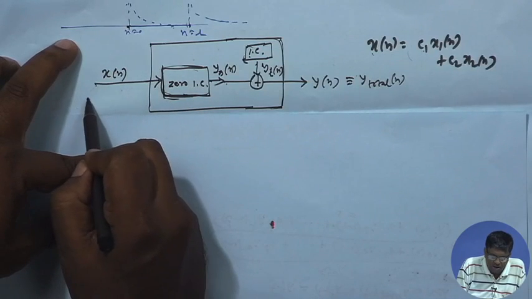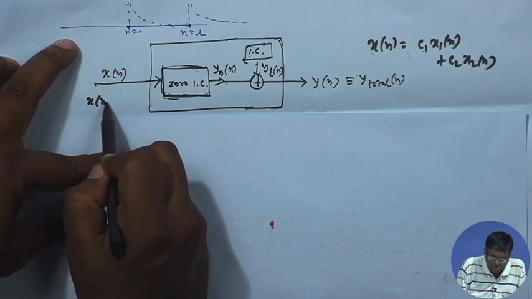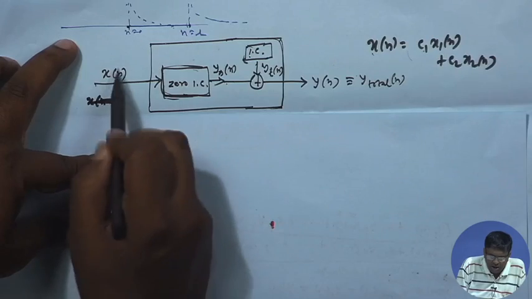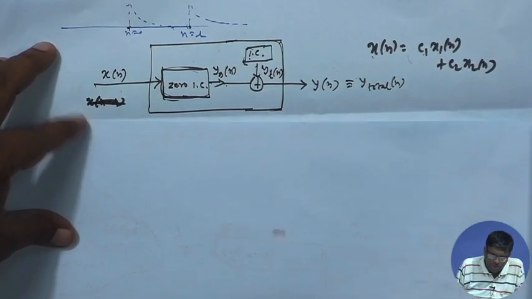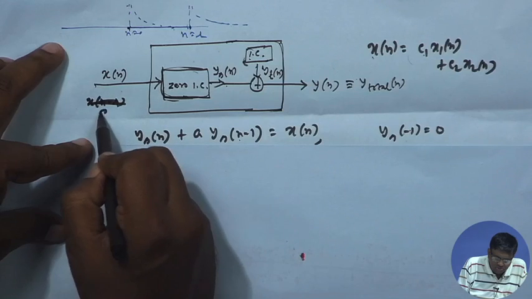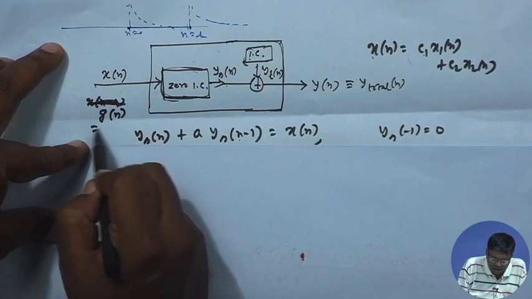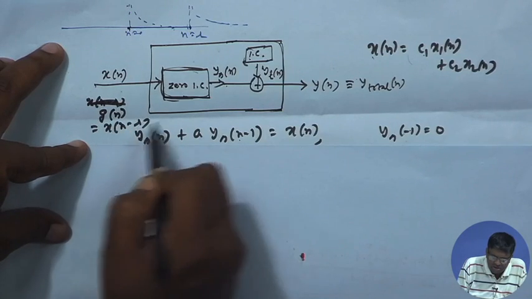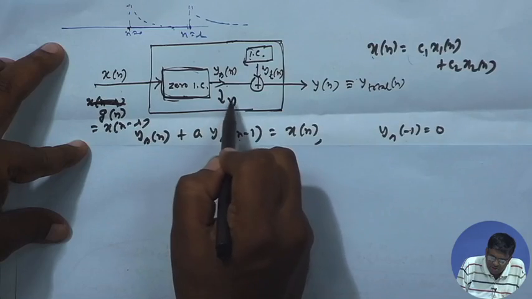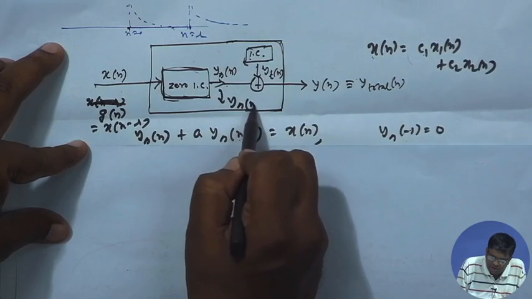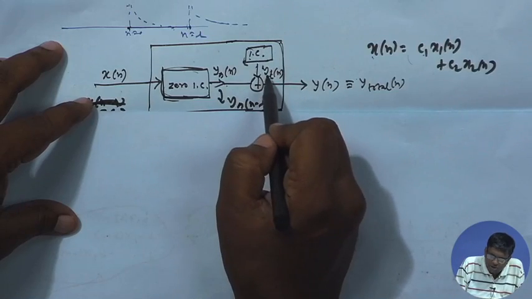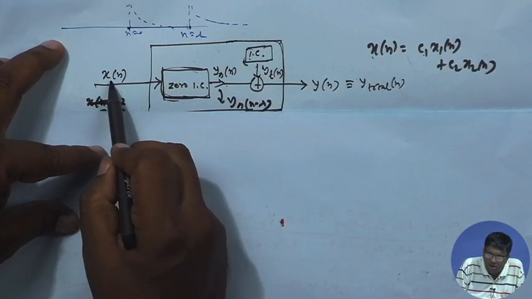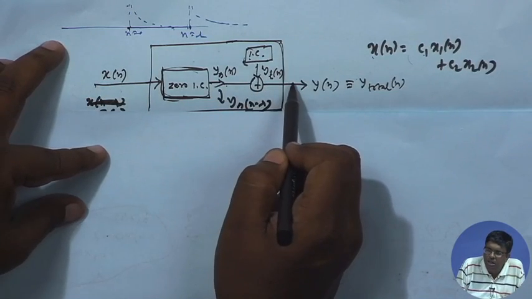So, the input I delay by r. Okay. So, I give a new input g[n], which is say x[n minus r]; this we have seen is shift invariant, this will be n minus r. But yzi[n] has nothing to do with the input, right. So, yzi[n] will not be delayed.